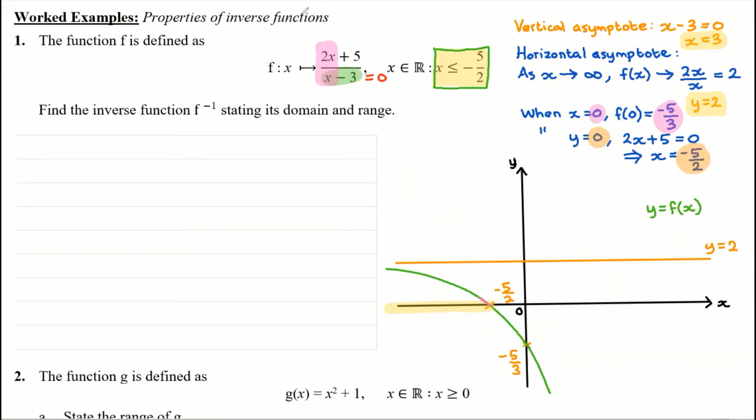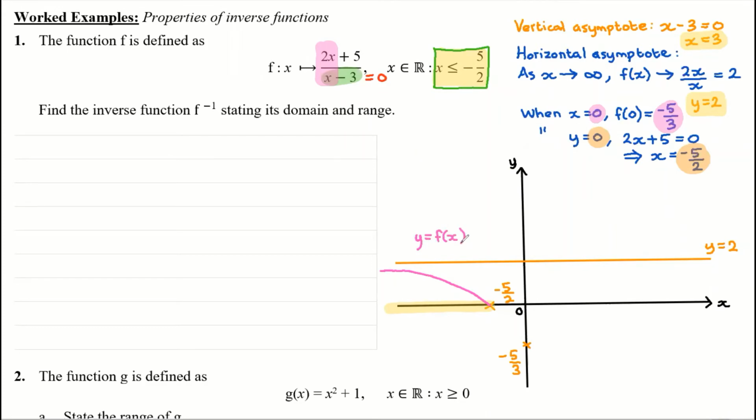So it's only this part of the curve. Just going to go over that in pink, which means that this part can go. So let's relabel all that, because now we've got the real y equals f of x. So this is it. It's only that portion that we're interested in.